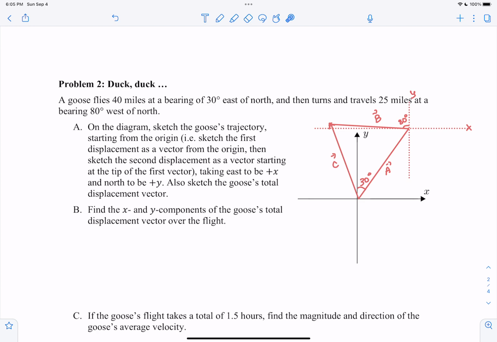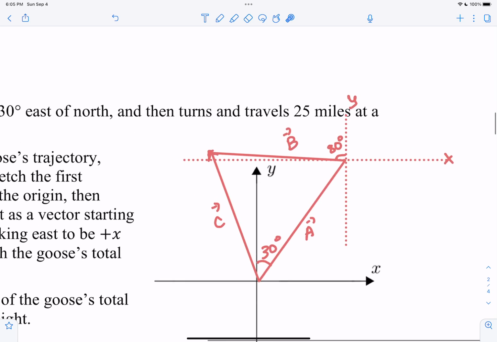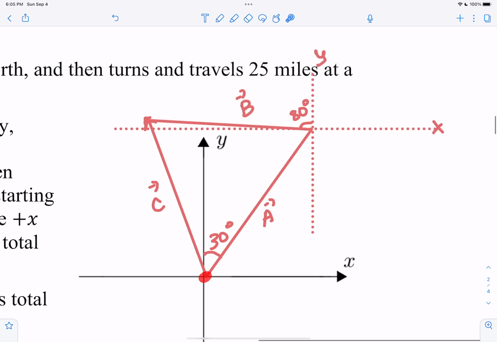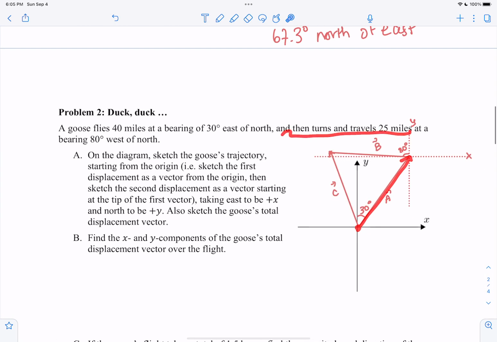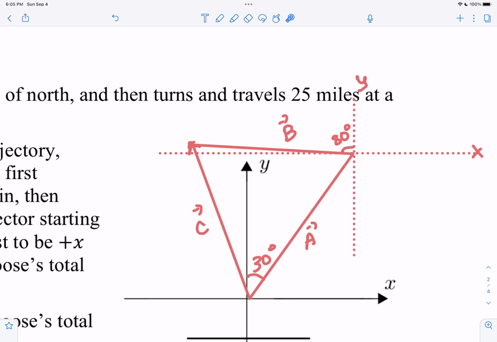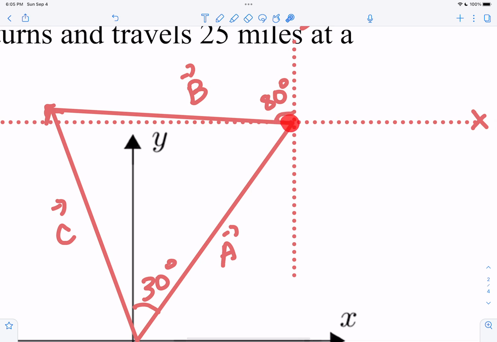Is this because of the tip to tail method? Is that why we draw B on top? Yeah. So tip to tail, because here's your tail, here's your tip, and then the goose traveled 25 miles at a bearing 80 degrees west of north. So then the tail of the second vector should be connected to the tip of the first one.